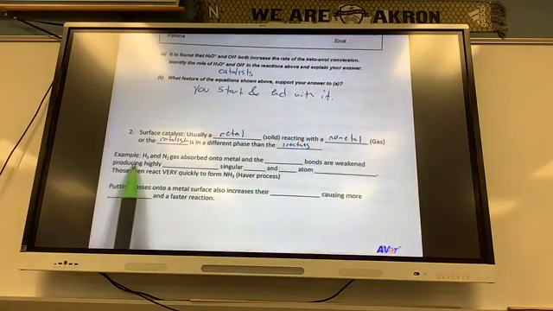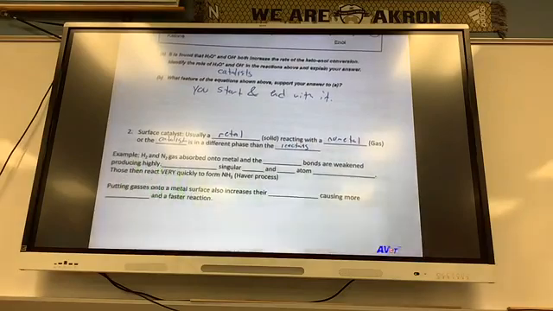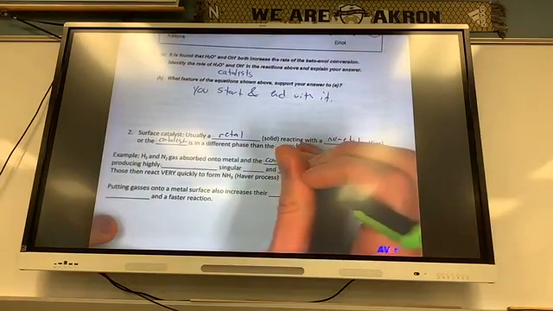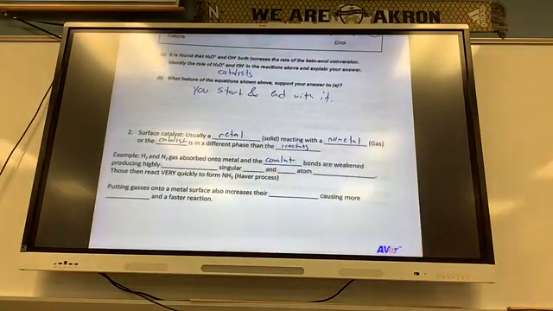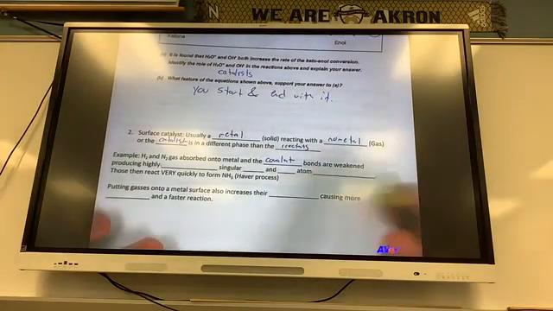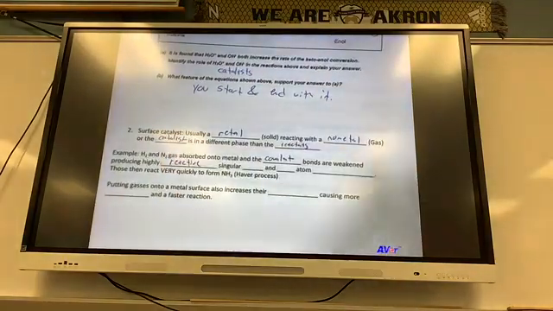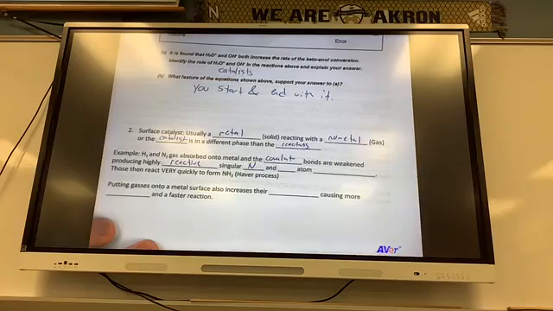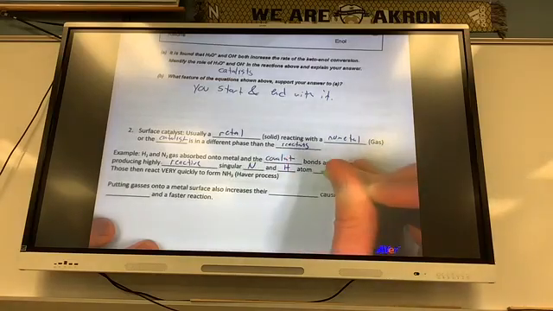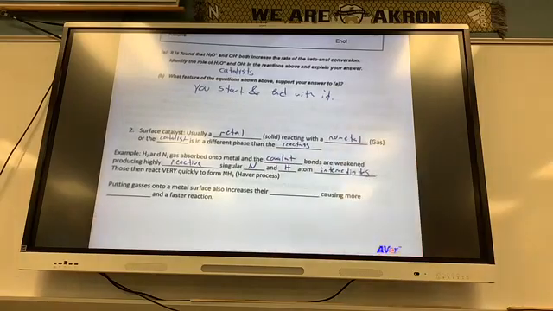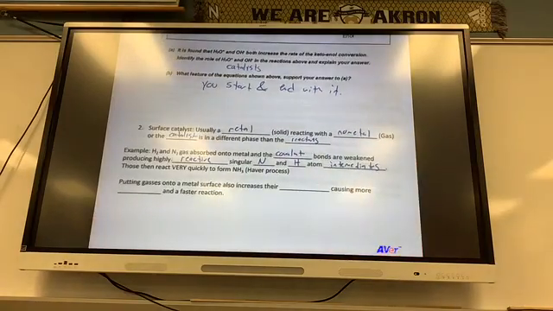So, an example would be hydrogen and nitrogen gas is absorbed onto metal, and the covalent bonds are weakened, producing highly reactive, it's kind of cool, single nitrogen and single hydrogen atom intermediates. You can see why that would be highly reactive, right?